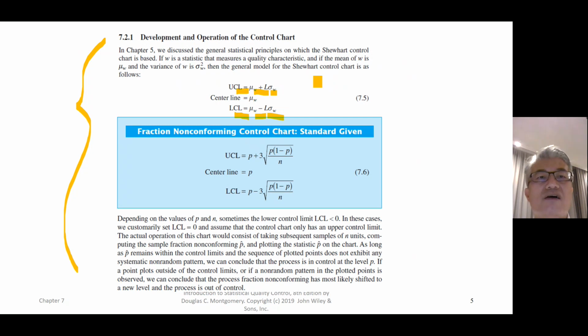So for the fraction non-conforming control chart, the P chart, the limits are P plus 3 standard deviations, and P minus 3 standard deviations.